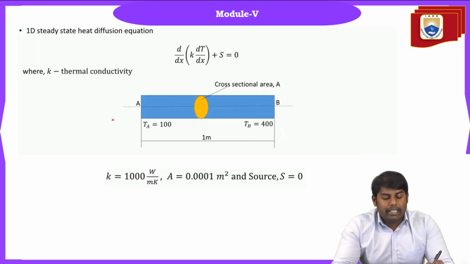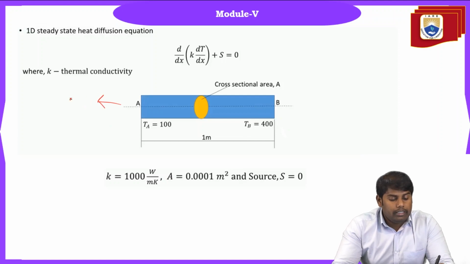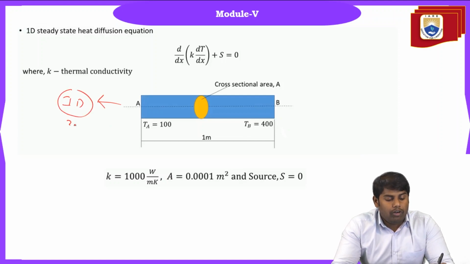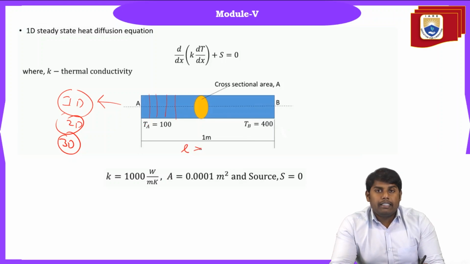So it is a 1D element. So basically, you can see this is a 1D element. So what is a 1D element actually? What is a 2D element? What is a 3D element? When I say 1D, the cross-section area, this area, this area, this area, we assume is constant, where the length is greater than the height, or you can say diameter.